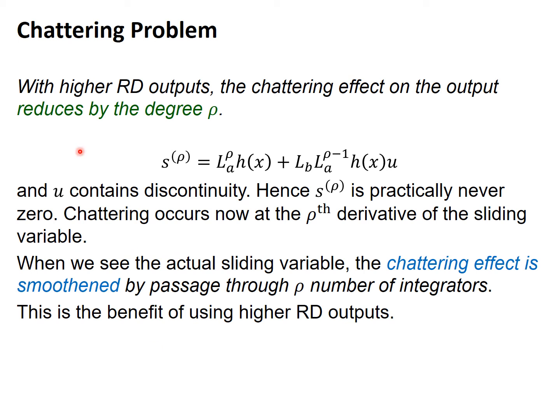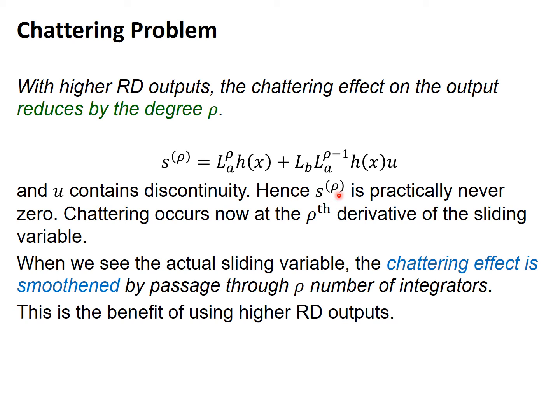Why does this happen? Suppose we have a relative degree of rho, then the rhoth derivative of S will contain the control input U, which contains the discontinuity.